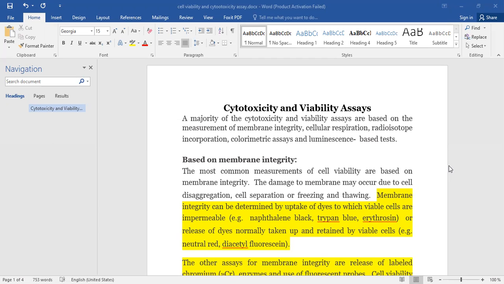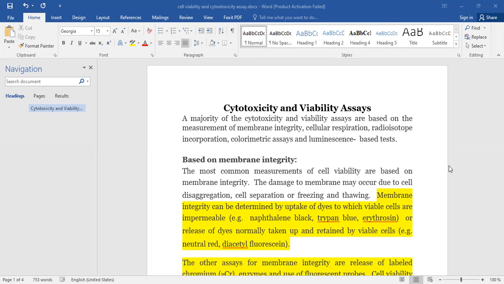When we perform animal cell culture, there are some procedures which may damage the cells, or the cells may become contaminated, or by freezing and thawing the cells will be damaged.